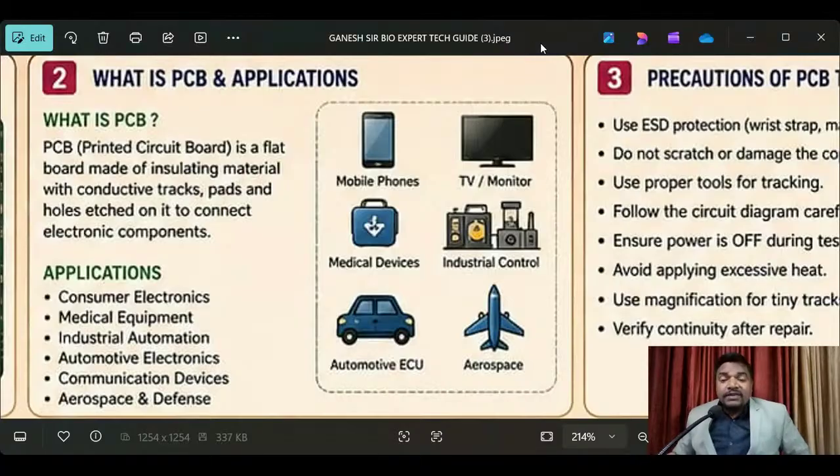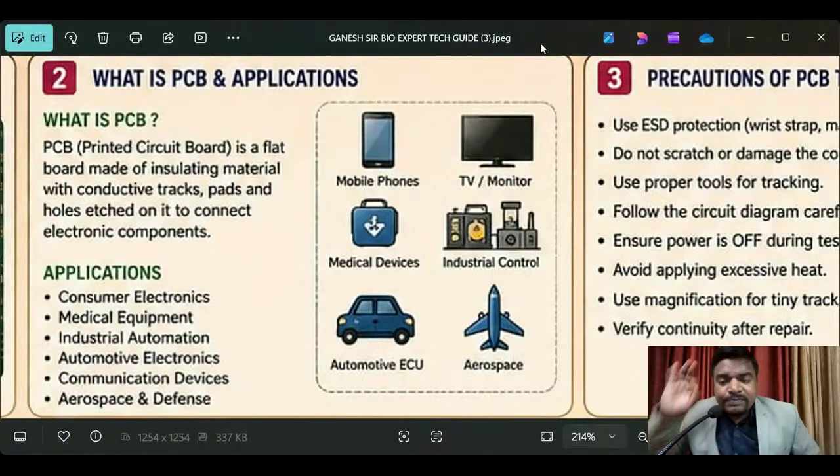I'm giving only a few points, but we are now living in completely updated technology. Wherever there is technology, electronics will be there, and wherever electronics is there, PCB will be there, because electronic components are placed on PCB boards. I hope you got it very clearly.